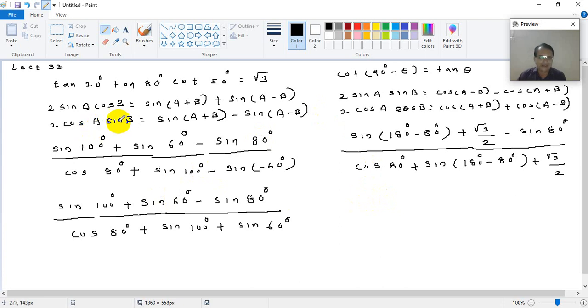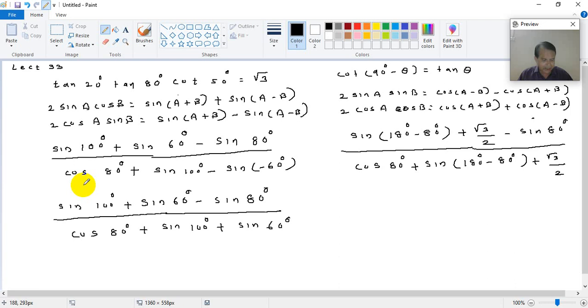Here it was sin a plus b plus sin a minus b, 2 sin a cos b, that is right. And then here it was cos 80 plus sin 100. Here it is cos of 80 degrees, that is right. Yes, cos of 80 degrees is correct.